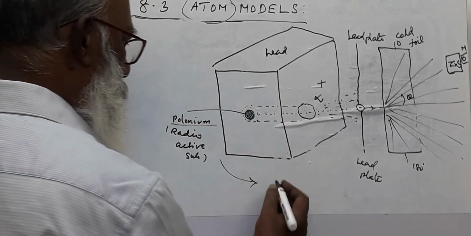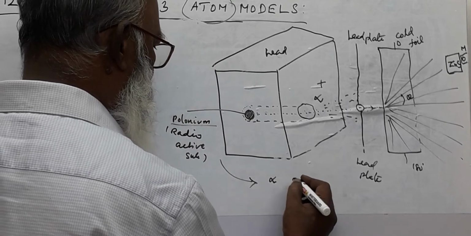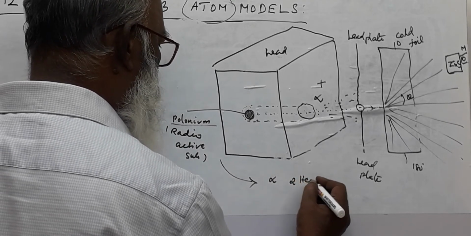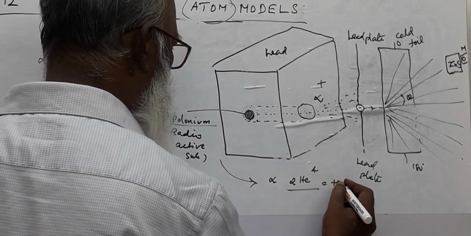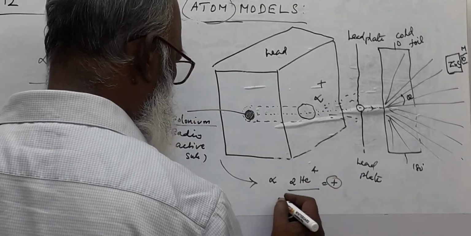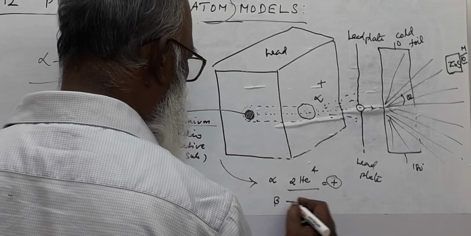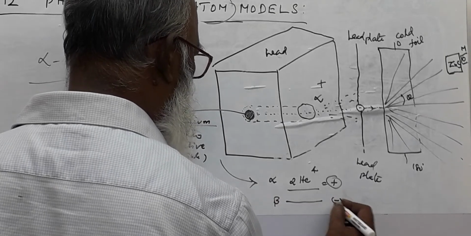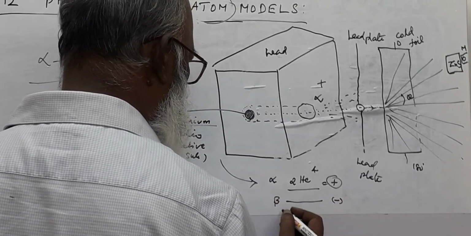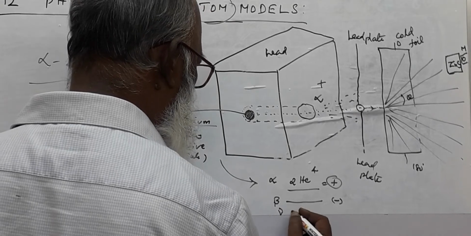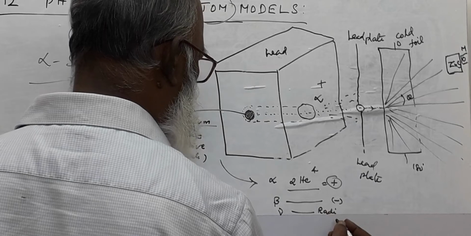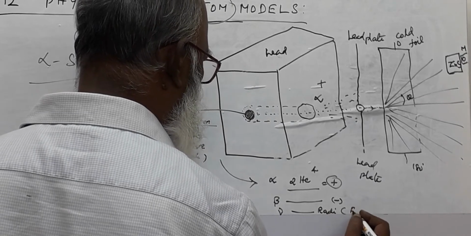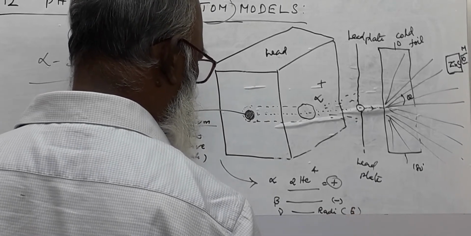One is alpha, which is nothing but 2He4, helium, purely positive. The second one is called beta, that is negative. The third one is gamma, this is radiation, that is energy. There is no charge.